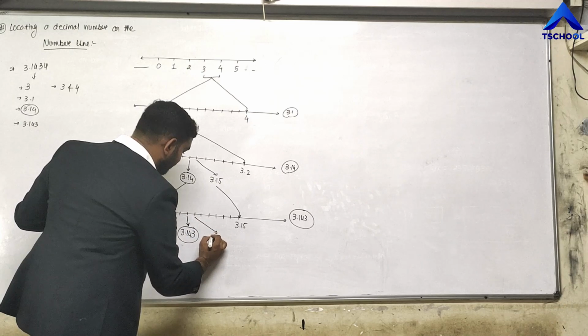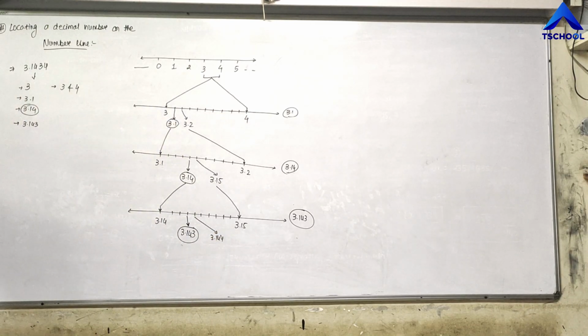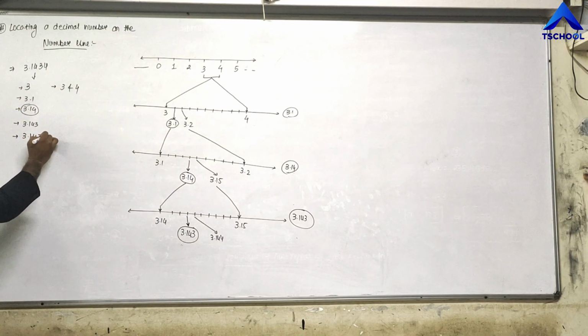and this will be my 3.144, right? Now again the last one, that is 3.1434.